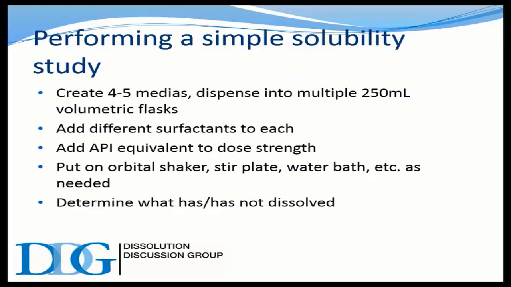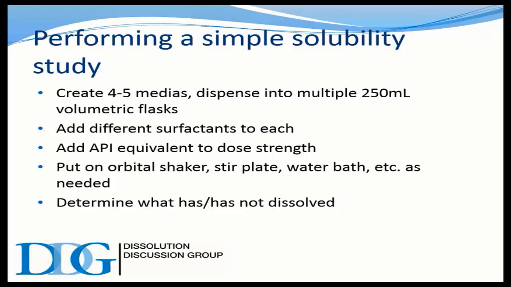You're going to add a different surfactant to each, add API equivalent to the dosage strength, and put it in an orbital shaker. Ken, these are some of the ones that you were going to discuss, I think, right? Yeah. So this is just a quick screening to see what some good potential media would be that would meet sink conditions with your API.